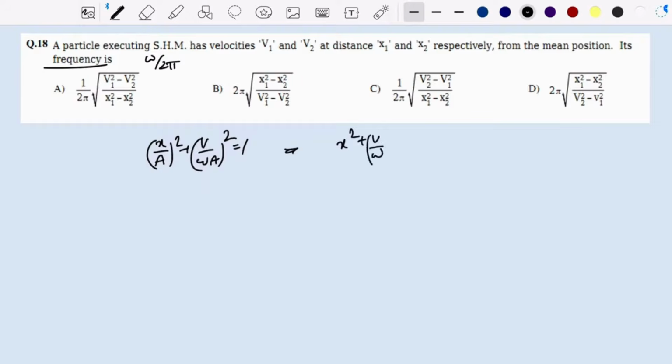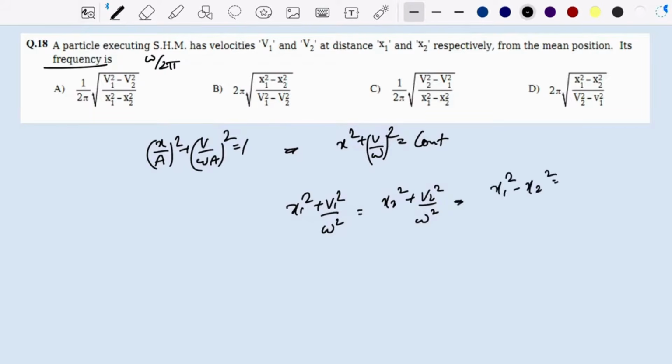So I will write x1 square plus v1 square by omega square will be equal to x2 square plus v2 square by omega square. Taking v2 to the other side, x1 to this side, I will end up getting x1 square minus x2 square is equal to (v2 square minus v1 square) by omega square. Omega is root over (v2 square minus v1 square) by (x1 square minus x2 square). And omega by 2 pi is the answer, root of (v2 square minus v1 square) by (x1 square minus x2 square), is the right answer.